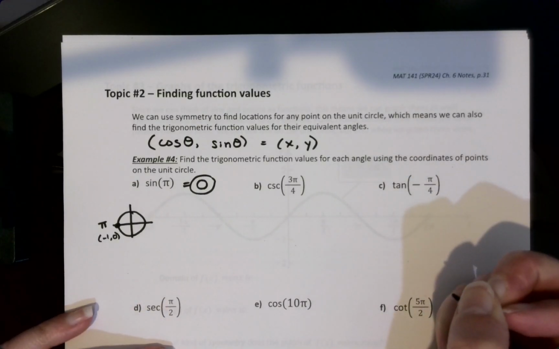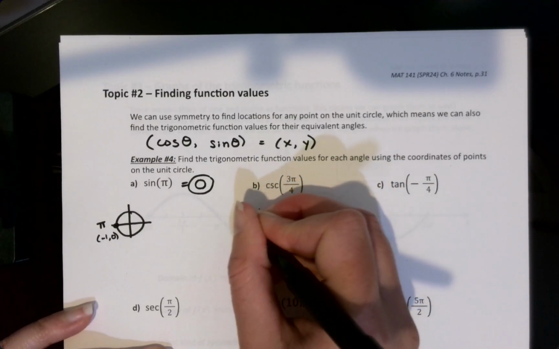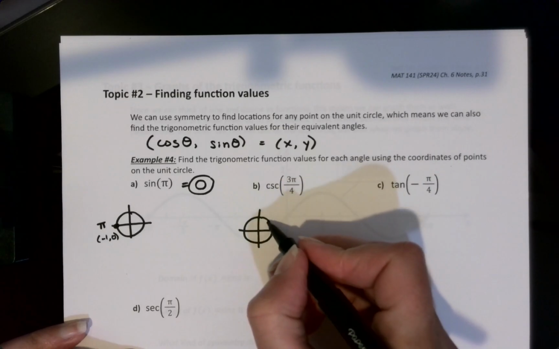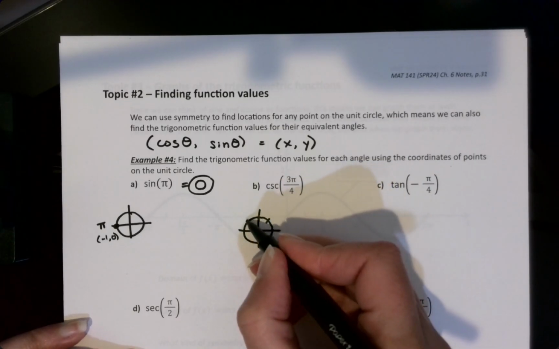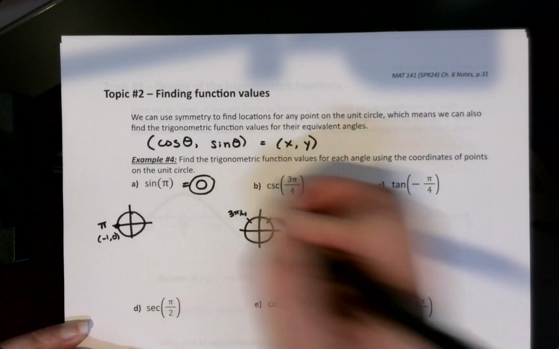Okay. Cosecant of 3 pi over 4. So again, you can look at your unit circle, or you can draw yourself a unit circle here. I've got 1 pi over 4, 2 pi over 4, 3 pi over 4. This is the angle 3 pi over 4.